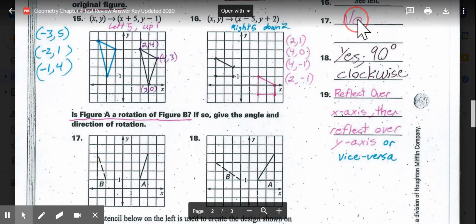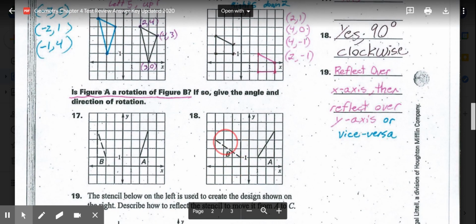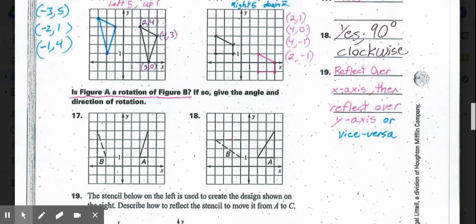So no, it did not spin or rotate. In 18, triangle B right here in the dashed lines to triangle A. In this case, that triangle rotated 90 degrees clockwise to become A. So from B to A, it spun 90 degrees in a clockwise direction.